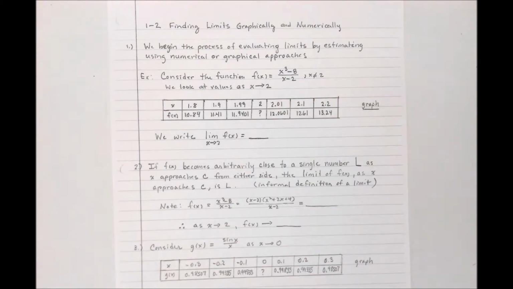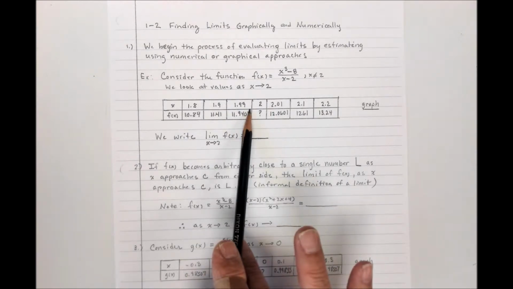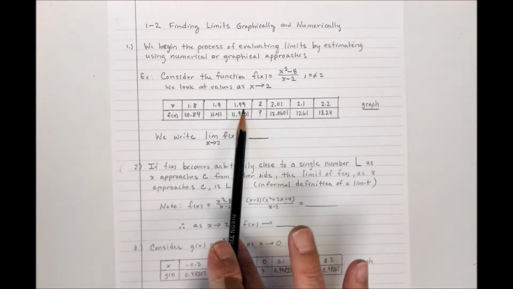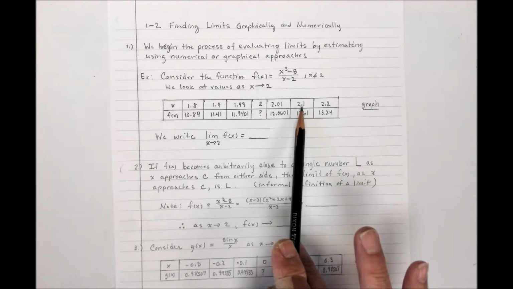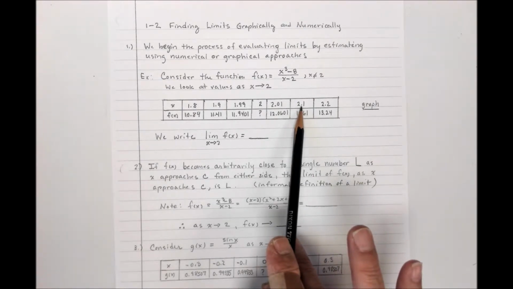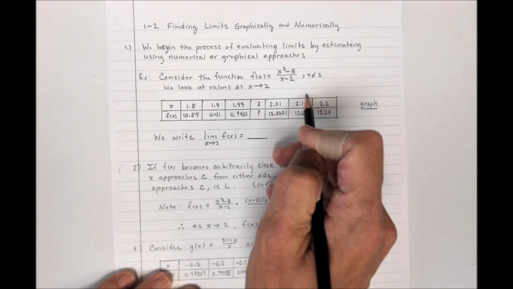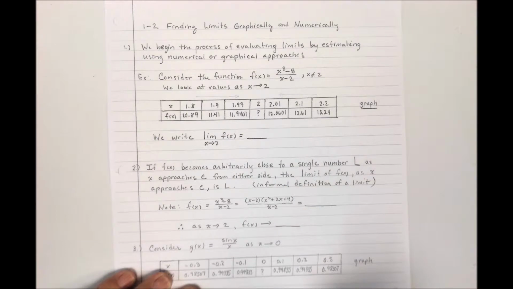So I got my calculator out, and I plugged in some numbers that are approaching 2. From the left side are smaller values, 1.8, 1.9, 1.99, and from the right side are values that are a little bit greater, 2.2, 2.1, 2.01. As you can see, these values are approaching 2 from the left side and from the right side.